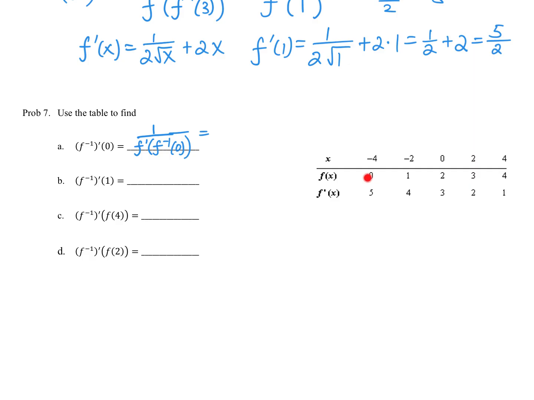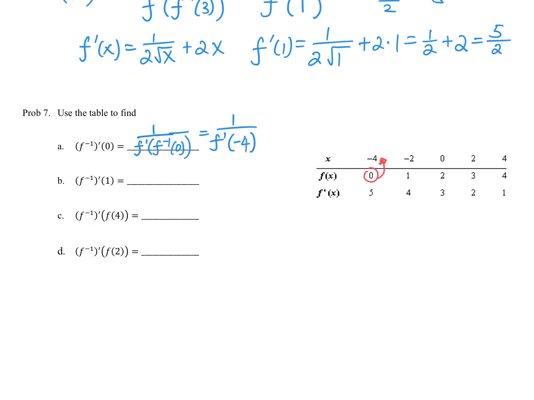So f inverse of 0, that means when the y is 0, what is its x value, right? So therefore, this is equal to 1 over f prime. So f inverse of 0 is, we're going to find the inverse, which is -4.